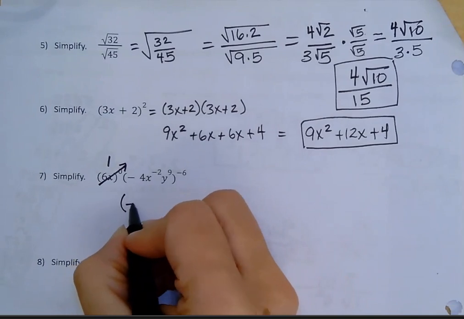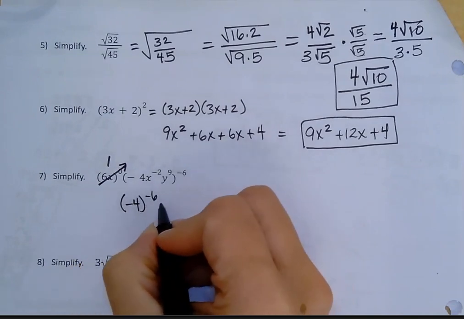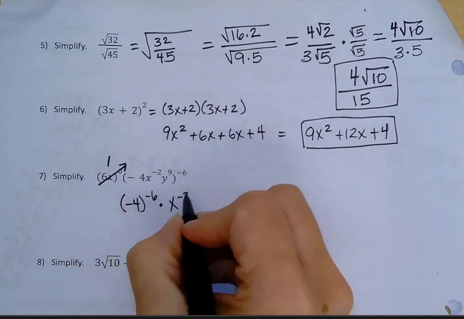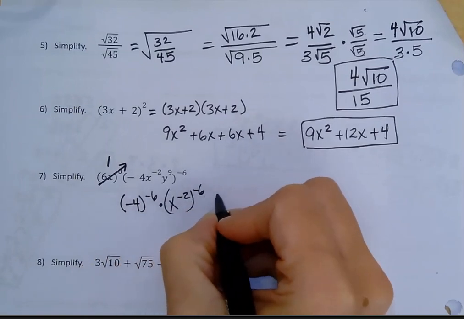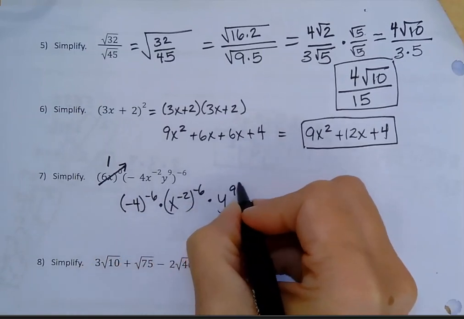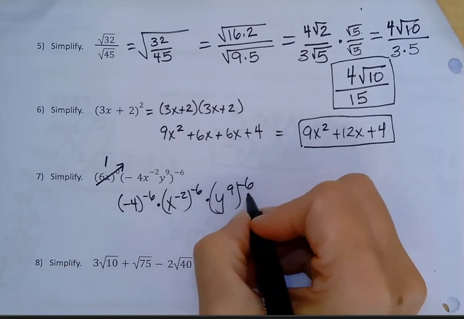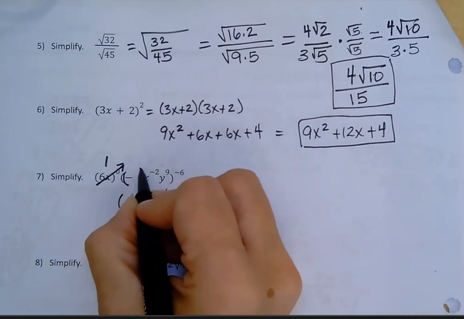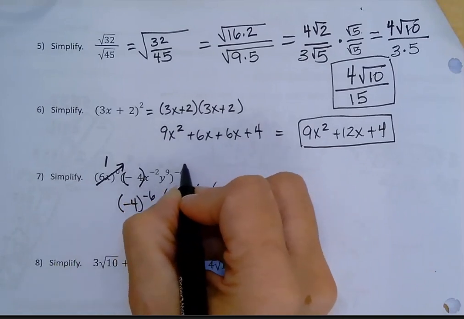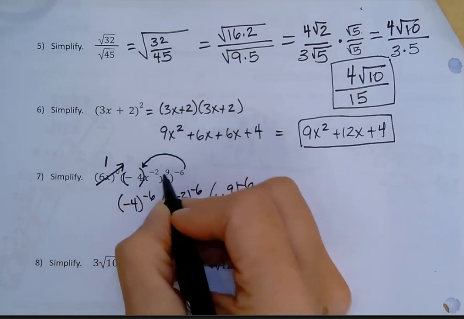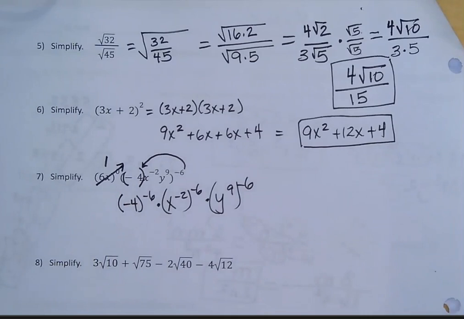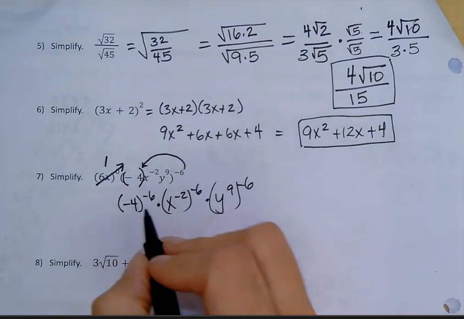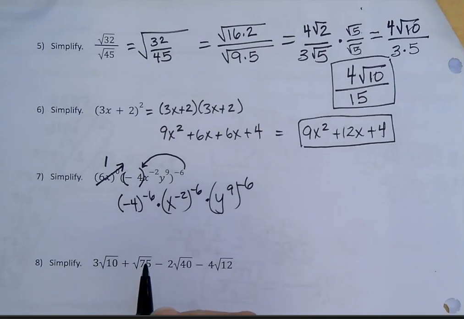So this is really negative 4 to the negative 6 times x to the negative 2 to the negative 6 times y to the 9 to the negative 6. And I'm writing it that way because I want you to be sure this negative 4 is really in the parentheses. So when I bring that negative 6, it goes to the whole negative 4. It's really important that this negative 4 is in parentheses here.